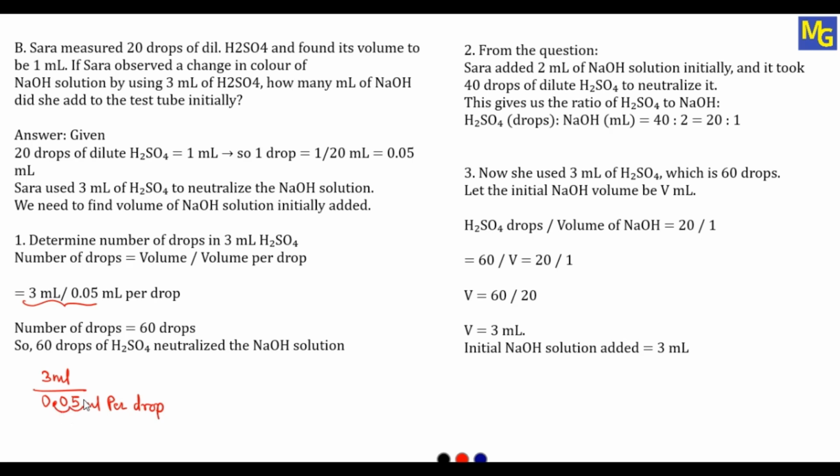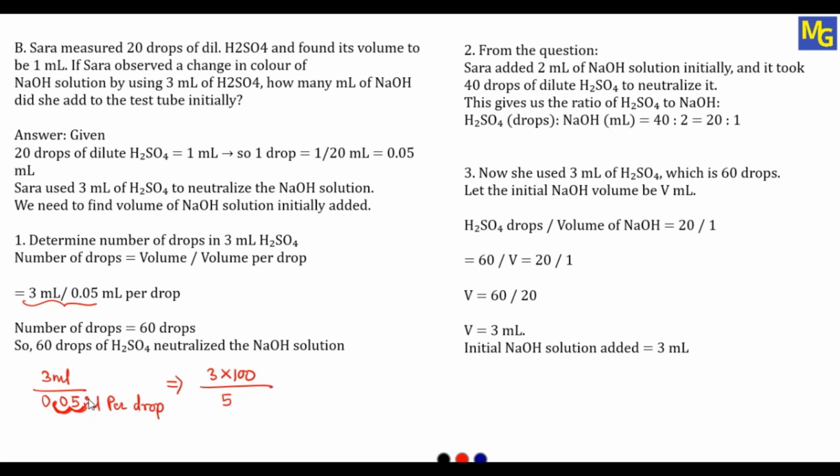So how many times have you moved this? 2 times. Therefore, we have to multiply by 100 on the numerator, and it becomes 3 into 100. Why 100? Because we have moved our decimal to the second place. And down, now it will be only 5 because we have removed the decimal.